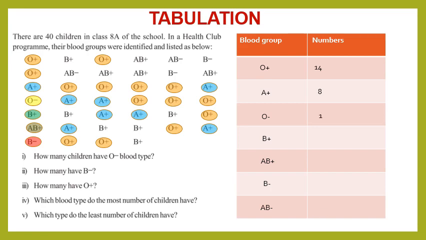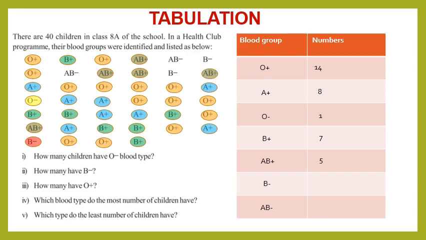Write 1 here. Next count B positive. 2, 3, 4, 5, 6, 7. Then write 7 here. Next is AB positive. Count 2, 3, 4, 5.